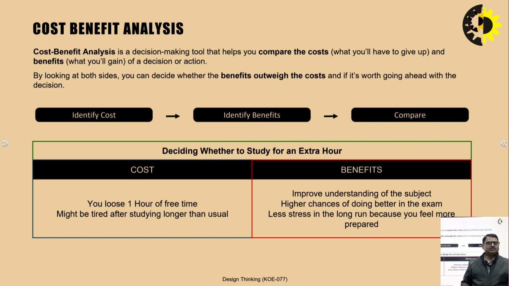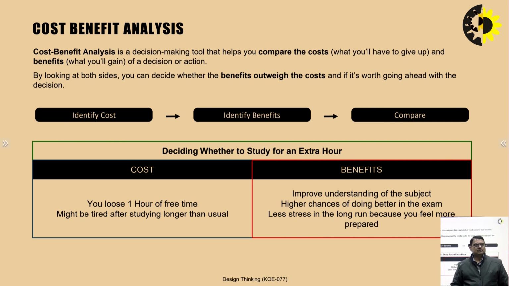Cost benefit analysis is a decision making tool, and it helps us compare the cost, meaning what you will have to give up to achieve that particular thing, and the benefits, what you will gain when you do it.